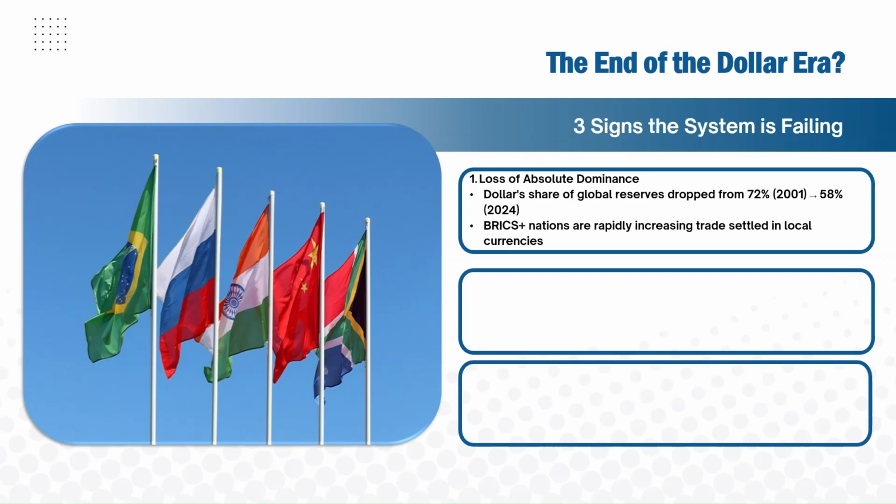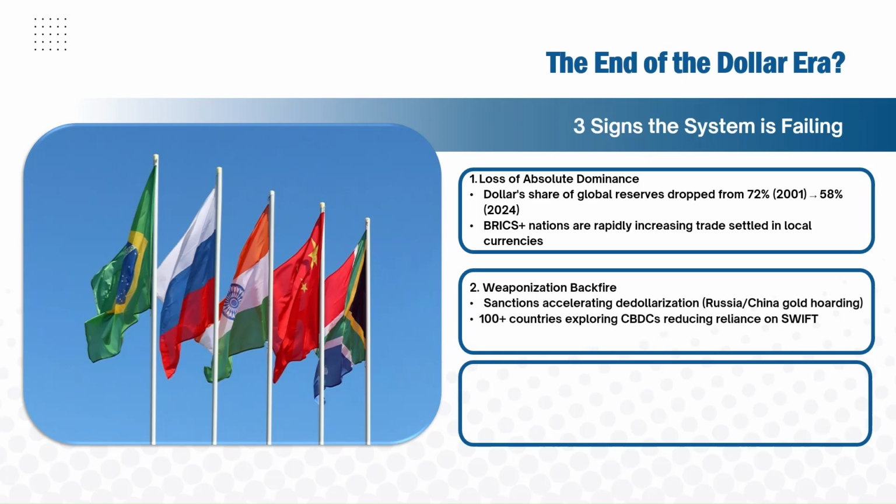The dollar's weaponization through sanctions and financial restrictions has only accelerated these shifts. In response, countries like Russia and China have ramped up gold reserves, and over 130 countries are now exploring central bank digital currencies, many as an alternative to the SWIFT system and the dollar dependence.